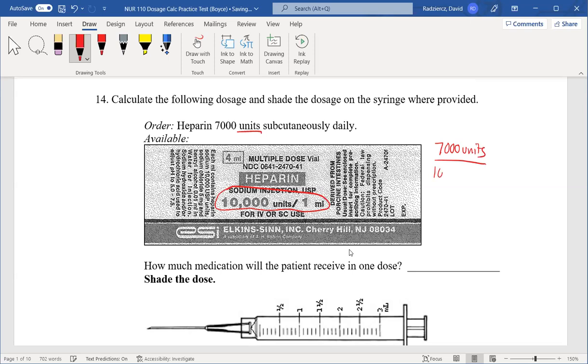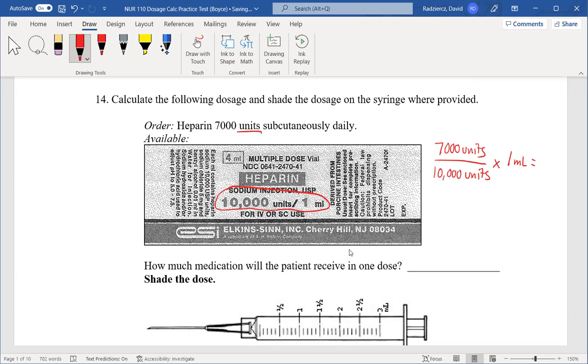My available is the 10,000 units, and my quantity is 1 milliliter. Here's my little trick for anytime you have numbers with lots of zeros and you're worried about plugging them into your calculator incorrectly. Of course, you can just put in 7,000 over 10,000, not a problem.